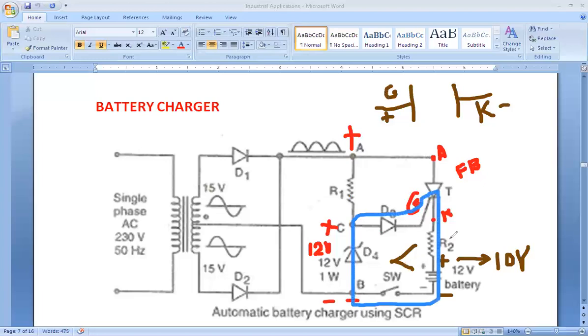So due to that, the battery voltage level is pushed up. Instead of 10 volt, let us assume the battery voltage develops 1 volt more. So here now 11 volt is developed. Sorry, I drew this wrong.